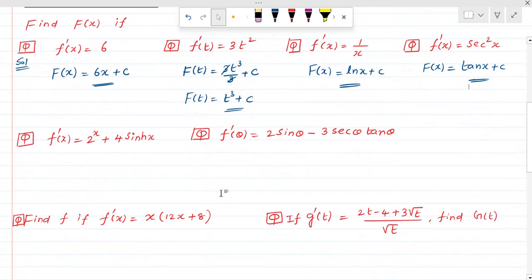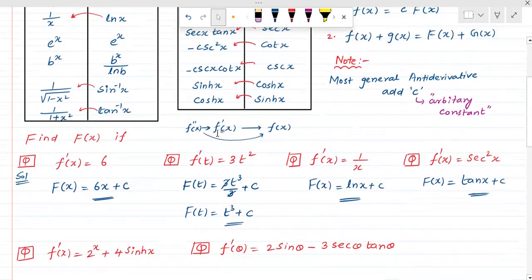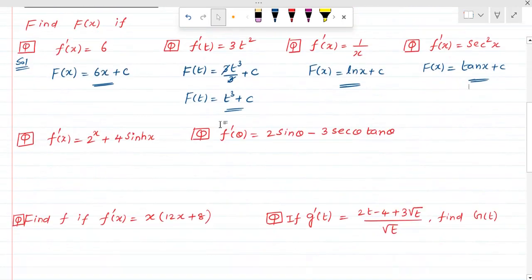The next one, e to the power 2x. So what is the difference between the differentiation and integration? When you differentiate this part, y prime, e power 2x, what is the derivative? E power 2x into 2.